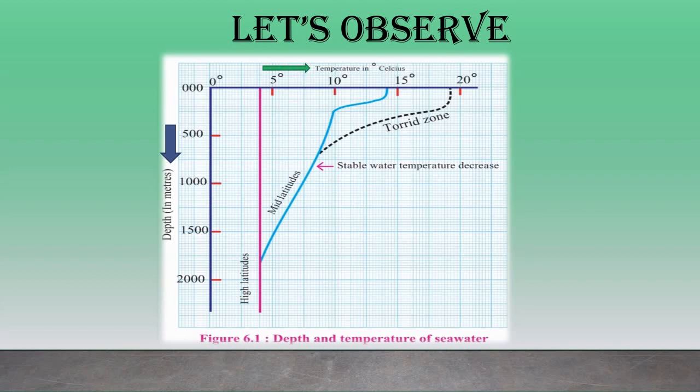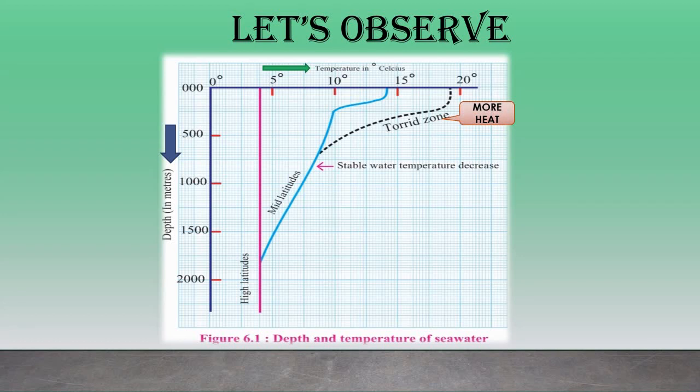As you all know, in a previous slide we have studied about different heat zones. So here we have the torrid zone. The torrid zone lies between the Tropic of Cancer and the Tropic of Capricorn. Due to extreme sun rays, the torrid zone receives more heat.